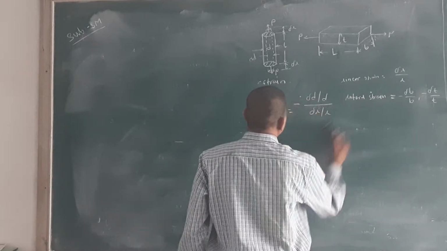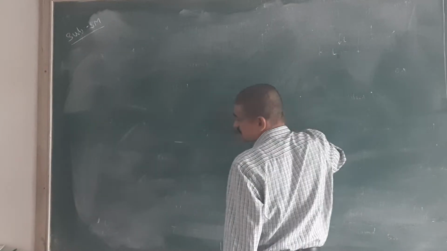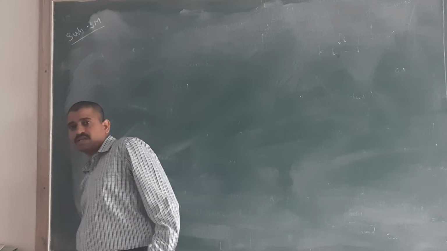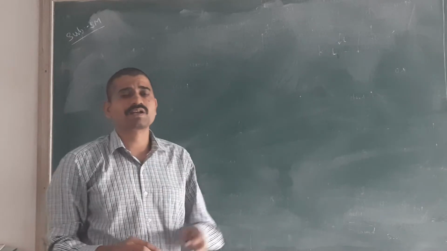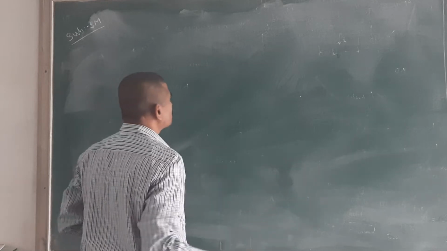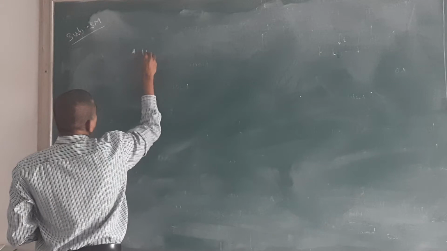What is Hooke's law? We have seen the stress-strain graph, right? Stress versus strain graph for ductile material as well as brittle material. There, in the first part, Hooke's law is obeyed.